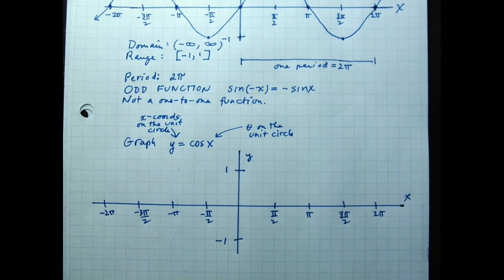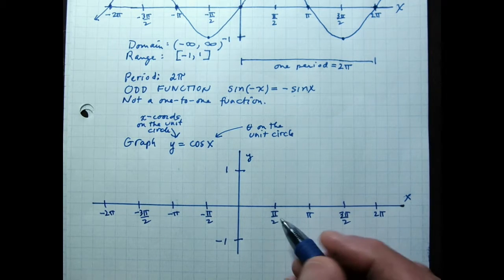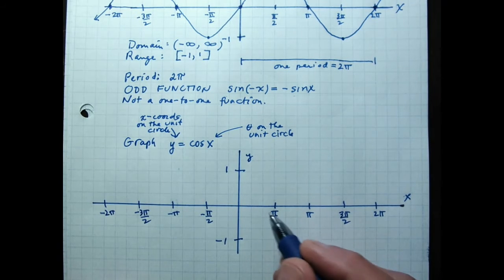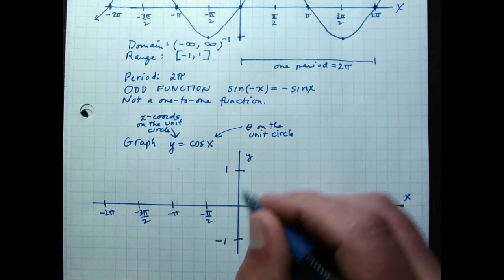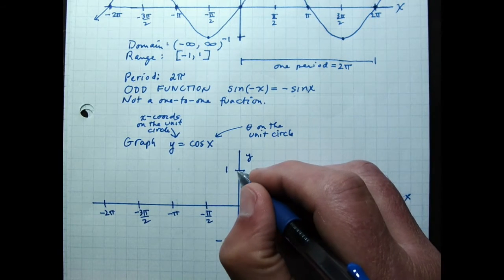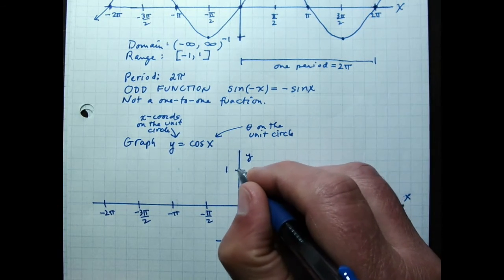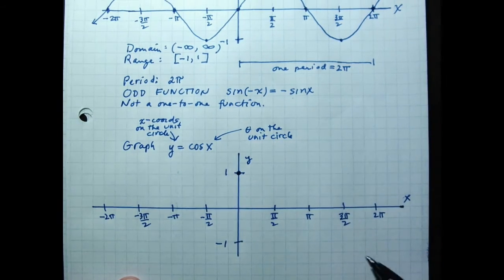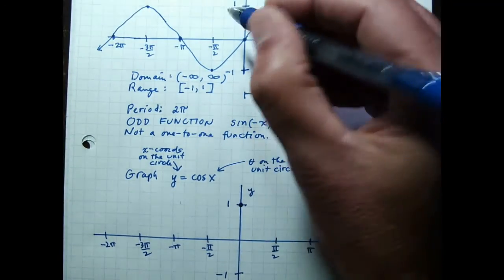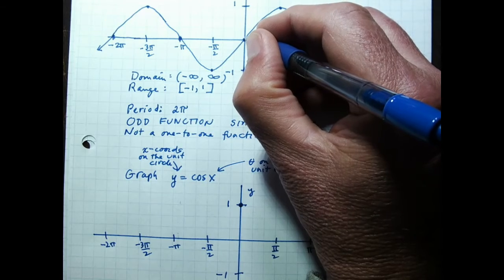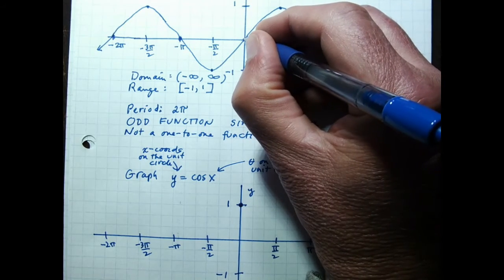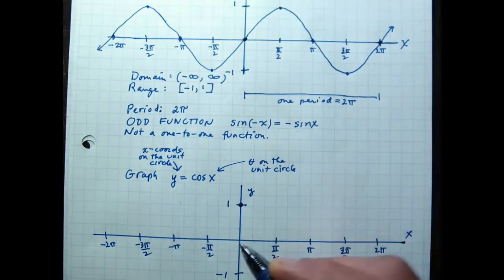And now I'm going to rely on these quadrantal angle values of cosine to help me draw the graph. Cosine of 0 radians or degrees is 1. In fact, something that's always helped me out is just always remembering sine of 0 is 0. The sine graph passes through the 0, 0 point.